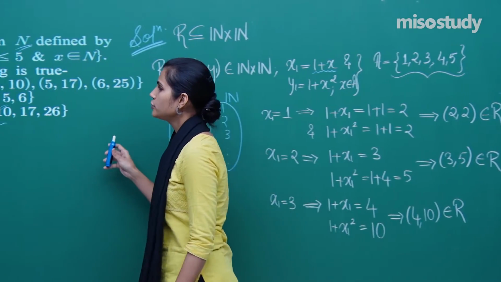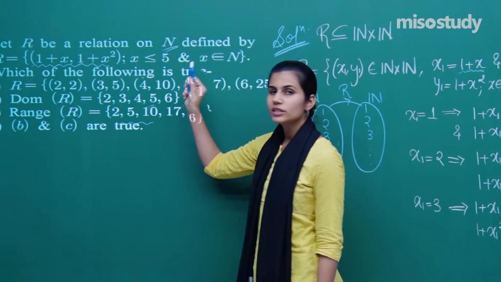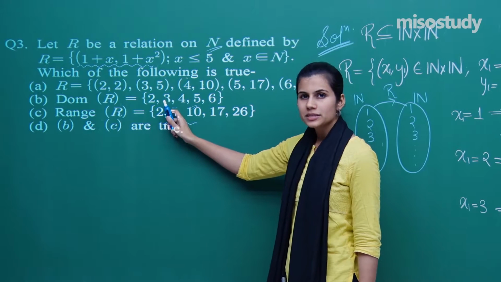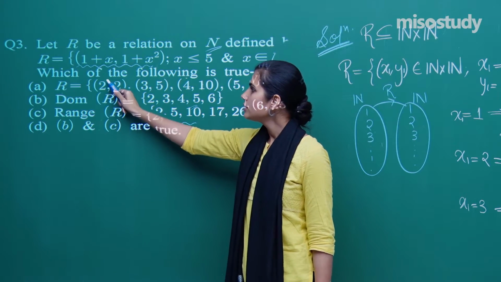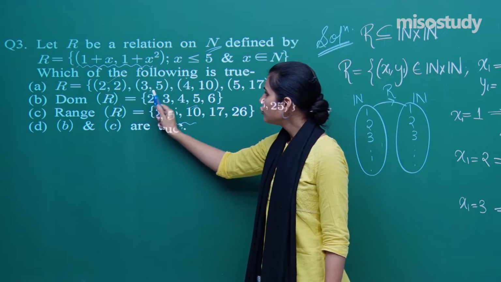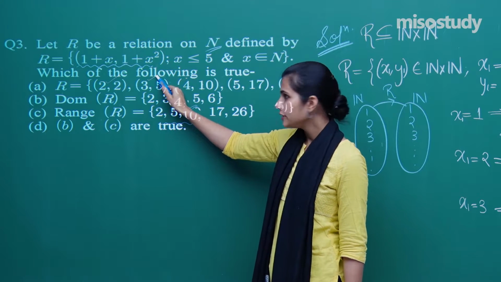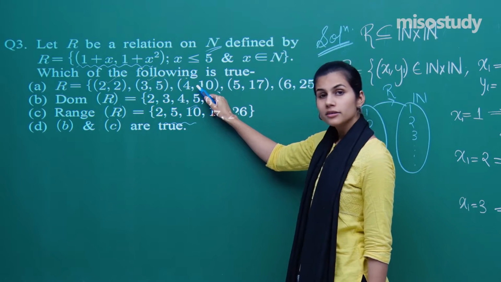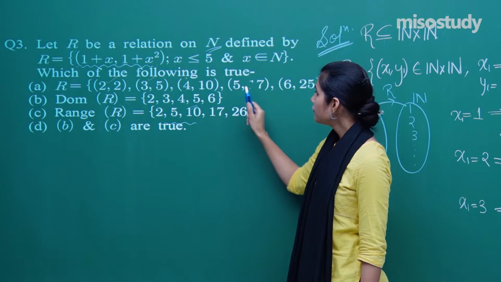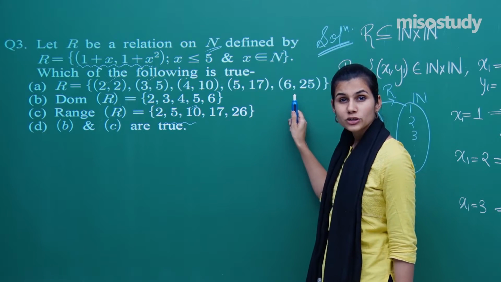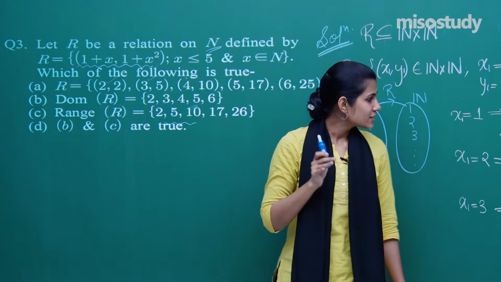The first option says that corresponding to this rule, the R which comes out is (2, 2), yes, it was a member, (3, 5), yes, definitely, (4, 10), was it coming out? (5, 17), (6, 25). Well, let's go and check.